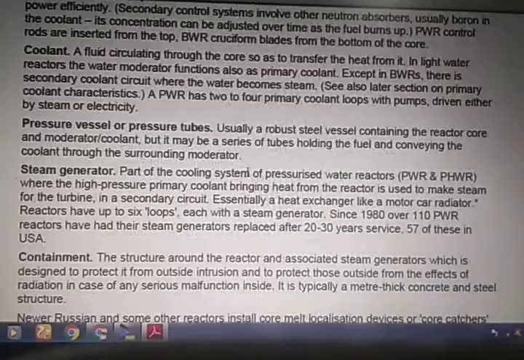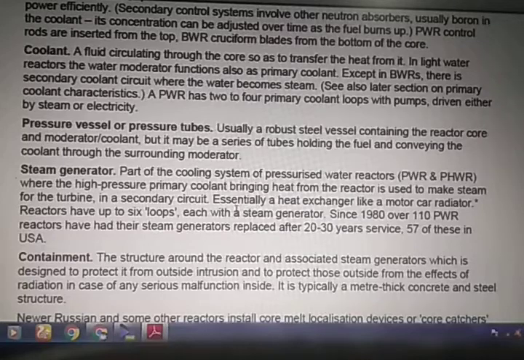Another important component is pressure tubes. Usually it is a robust steel vessel containing the reactor core and moderator coolant. Then the steam generator.